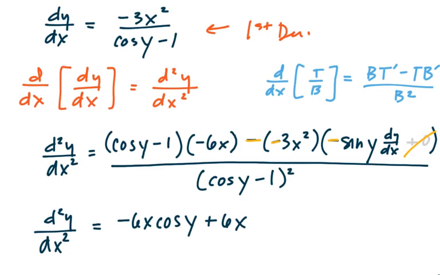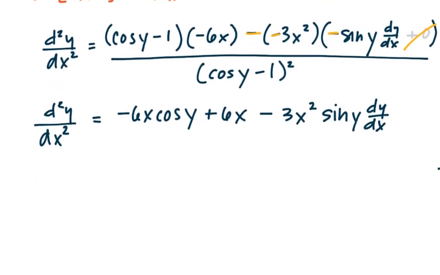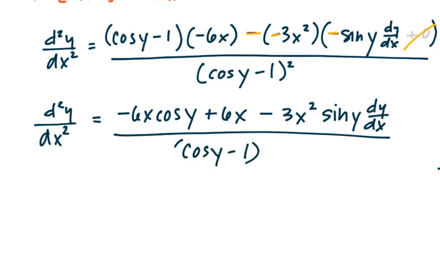So minus, minus, minus, 2 negatives make a positive, another negative. We'll turn that back negative again. So we've got negative 3x squared sine y dy/dx. And all of that is still over cosine y minus 1 quantity squared.